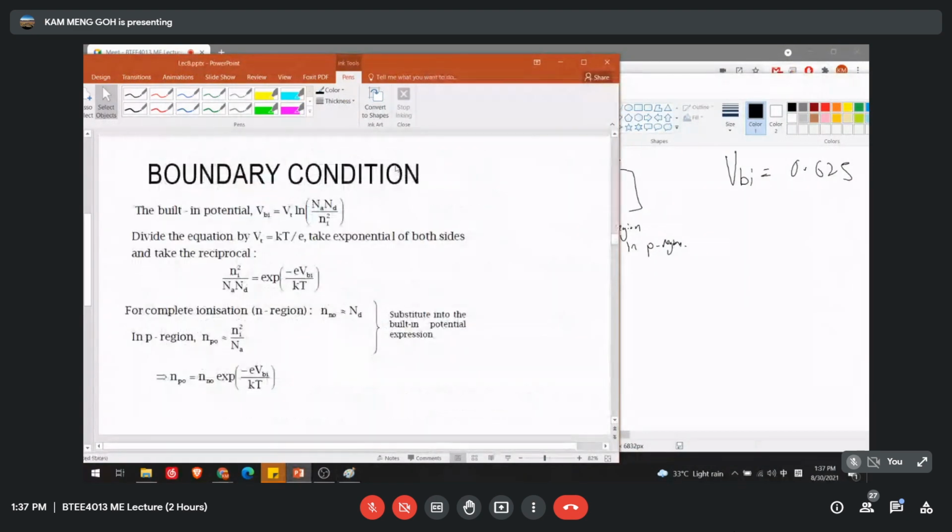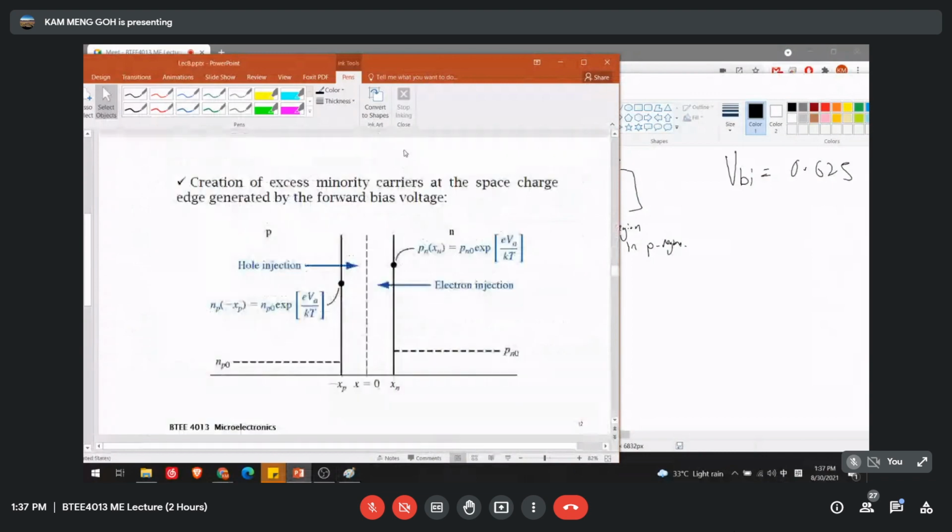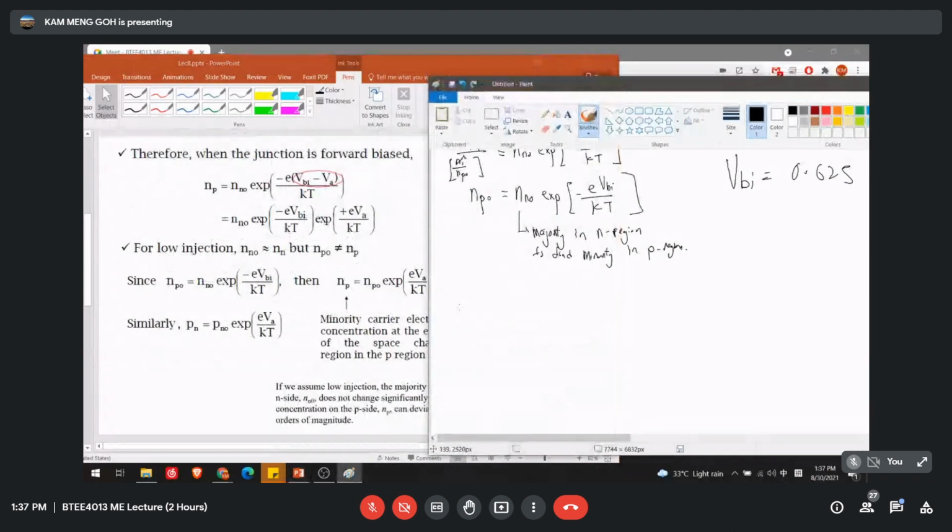We need to have one formula first. This formula comes from nowhere, but you just need to remember it: VBI minus VA over KT.